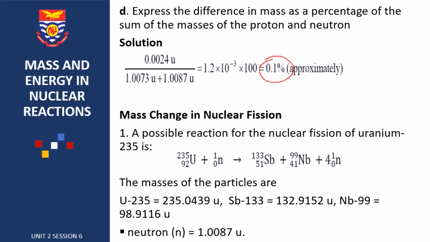So we have uranium-235 that is bombarded with a neutron to give us the antimony Sb and the niobium Nb plus 4 neutrons, and the masses of the particles have also been given to us in the question, and the mass of the neutron has also been given to us. So in the next slide, we'll look at the questions we need to address under this preamble.